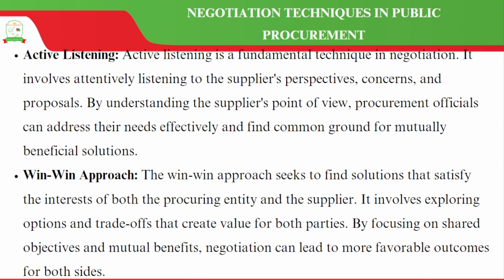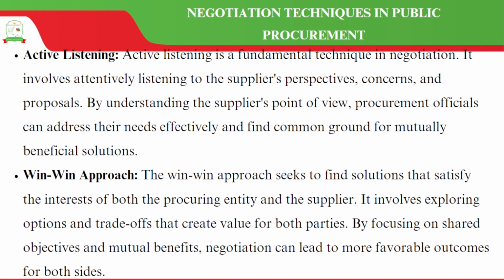So when we are doing negotiation, we also need to use a number of techniques. We need to use active listening. This is very, very important. Allow everybody at the negotiating table to give their point of view, so the procurement officials and those at the negotiating table can address their needs effectively.